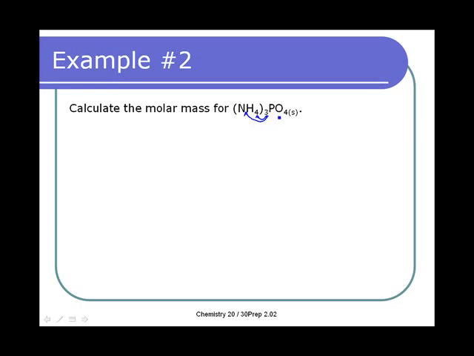What this represents is an ionic compound where there's 3 ammoniums for every 1 phosphate present in the sample. So we have 3 nitrogens plus 12 hydrogens plus a phosphorus plus 4 oxygens.